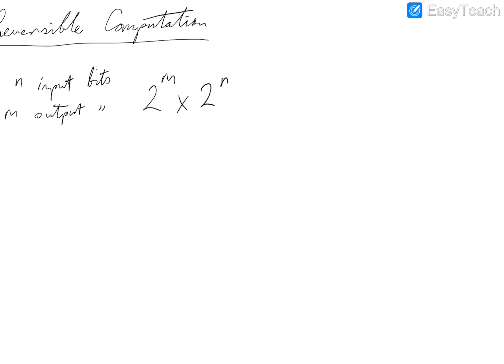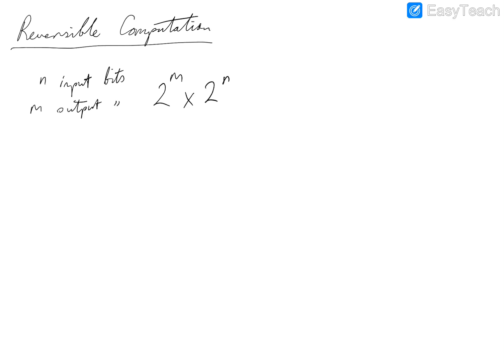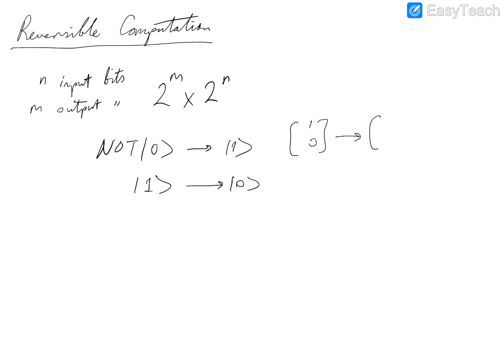Okay, so consider the NOT gate. The NOT gate takes 1 bit input and outputs 1 bit of information. In other words, it maps cat 0 to cat 1, and it maps cat 1 to cat 0. So it maps the vector (1, 0), the basis state cat 0, to (0, 1), and it maps (0, 1) to (1, 0).